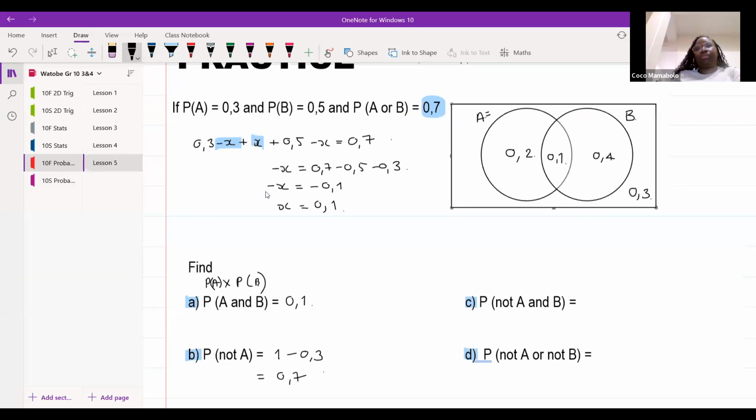Okay, so they said not A and B. Oh, sorry, I just thought not A and B. So it's just going to be 0.3 since it's the only one that's not a part of A and B. I thought you would say that, but remember, not (A and B) means that part. A and B means that part. A and B is just the intersection. So it's everything that is not the intersection.